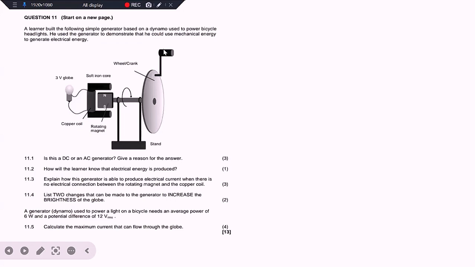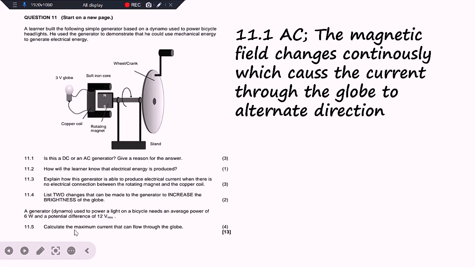So remember, you will be turning the wheel or crank there. So that means this is AC because the magnetic field will be changing continuously, which causes the current through the globe to alternate direction, right? So the magnetic field changes continuously, which causes the current through the globe to alternate direction.